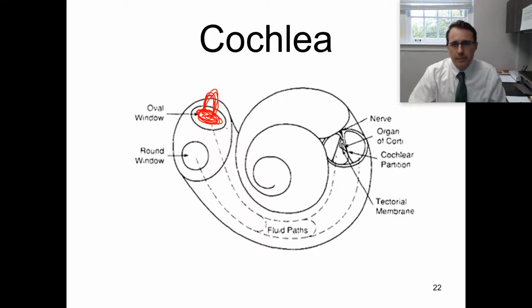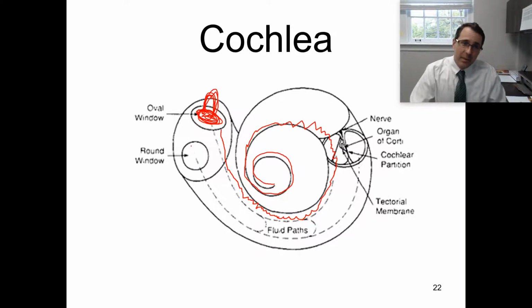The oval window opens into a chamber within the cochlea that runs the length of the cochlea, known as the scala vestibuli. So the scala vestibuli runs the length of the cochlea. And the round window opens into another chamber within the cochlea that's known as the scala tympani.